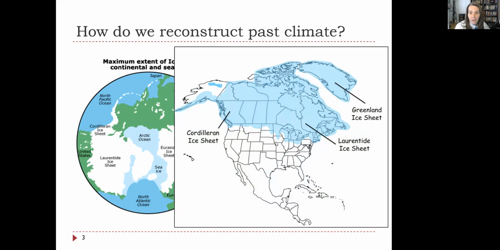Here we look at Illinois, Indiana, and Ohio, a lot of the Midwest covered by ice during that most recent glaciation. So there's lots of evidence of that. You can see the same thing for the Northeast part of the United States as well. A lot of Canada was covered by the last glaciation, but also a lot of the northeastern parts of the United States.